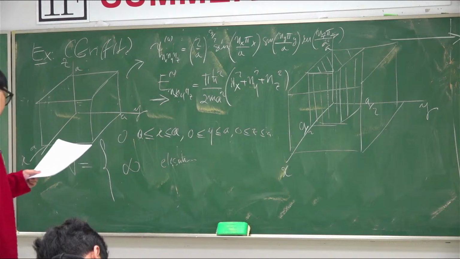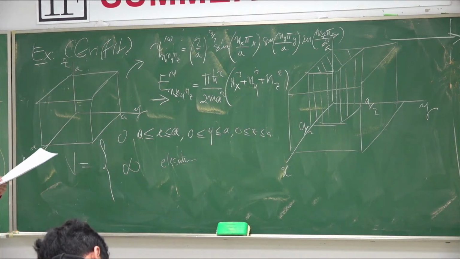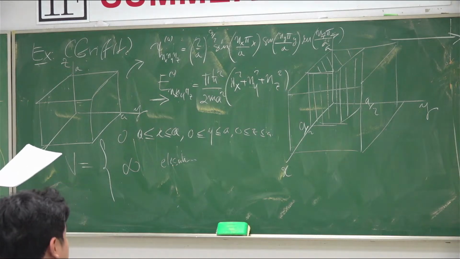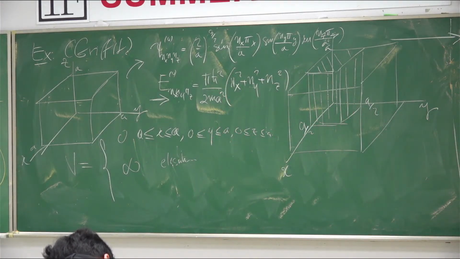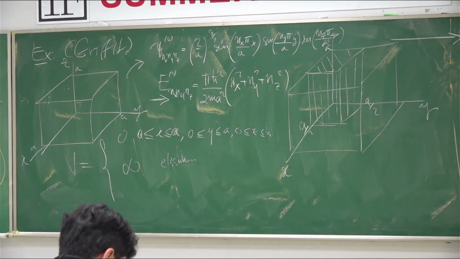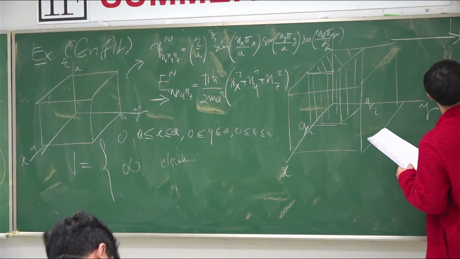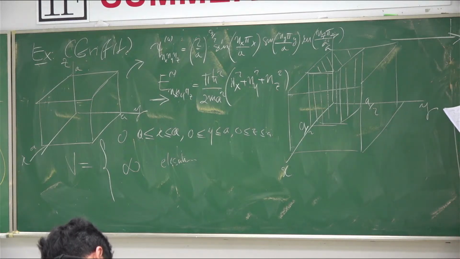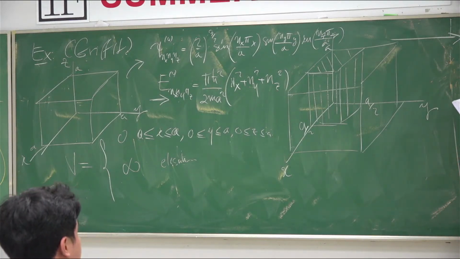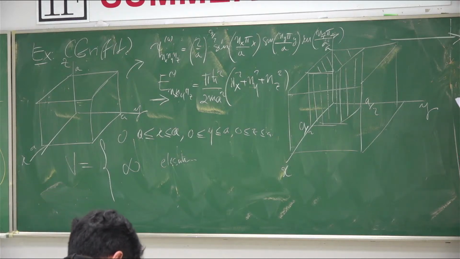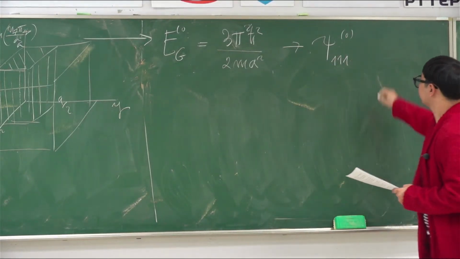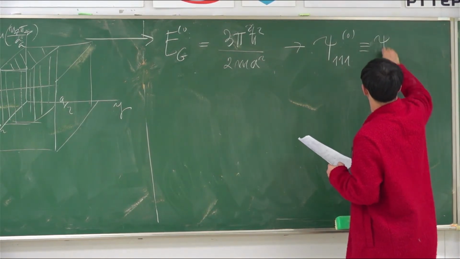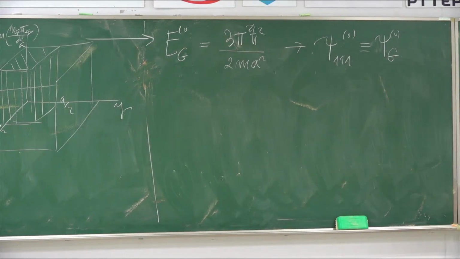You find that the ground state is actually this term, which corresponds to this one. This is your ground state, 1, 1, 1.